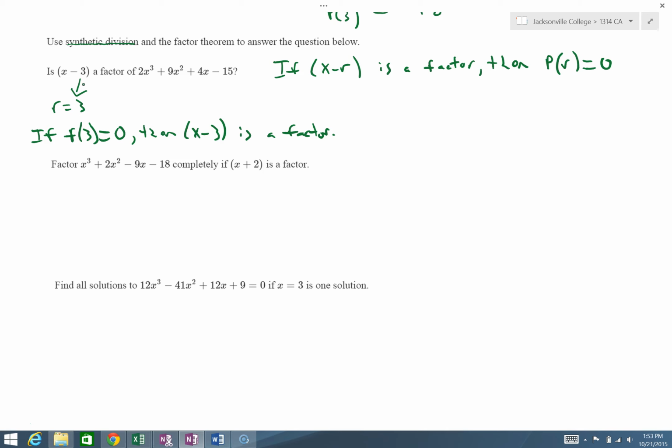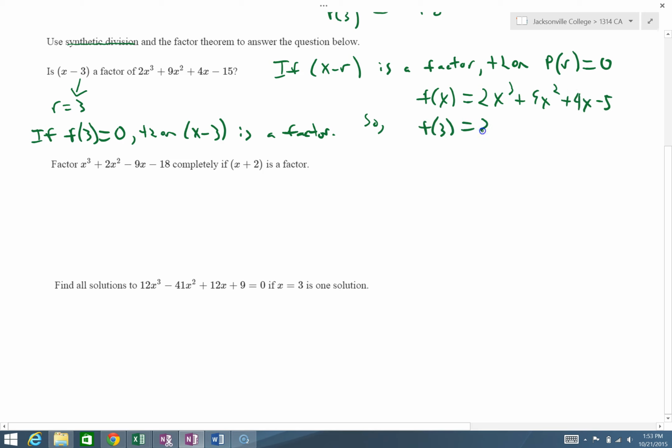But in this case, this is not going to map. I'm going to call this my f of x. So here, f of x is 2x cubed plus 9x squared plus 4x minus 5. I'm finding this f of 3. So 2 times 3 to the third plus 9 times 3 quantity squared plus 4 times 3 minus 5.